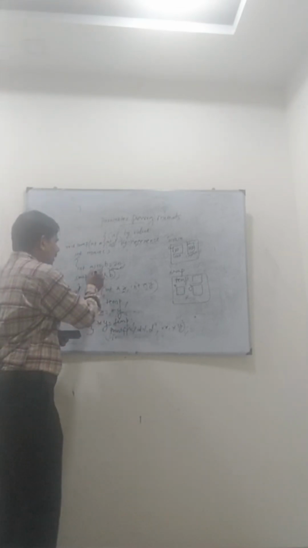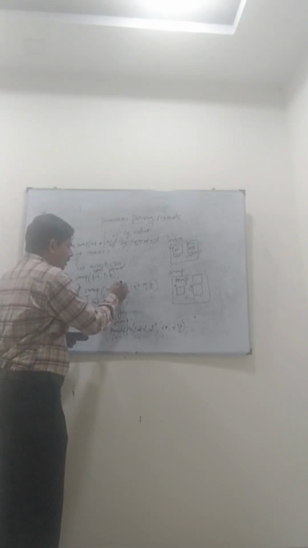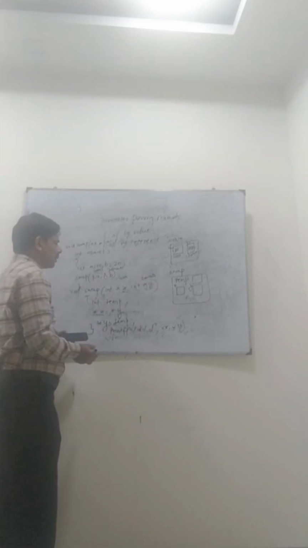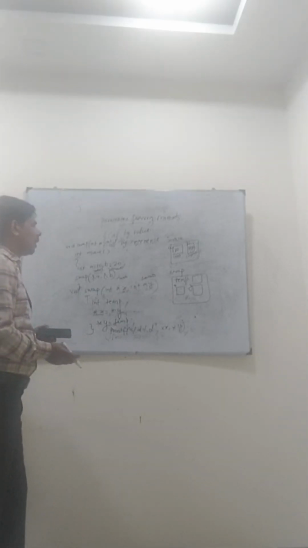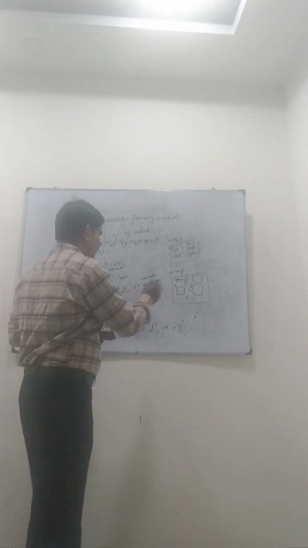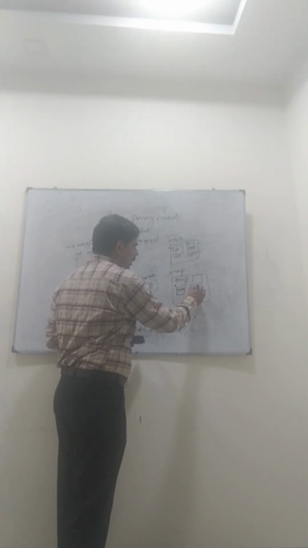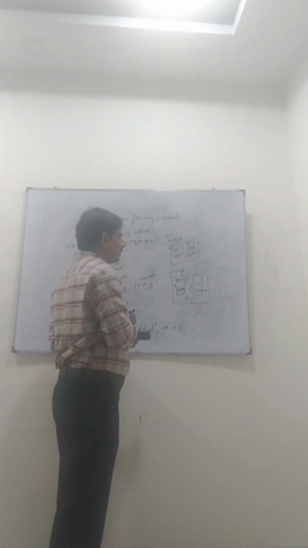Now this pointer x and pointer y: passing 1000 and 2000. Now the variable x contains 1000 and the variable y contains 2000.